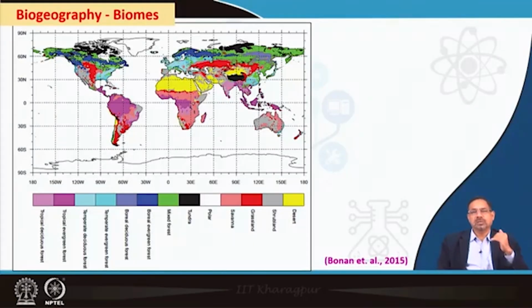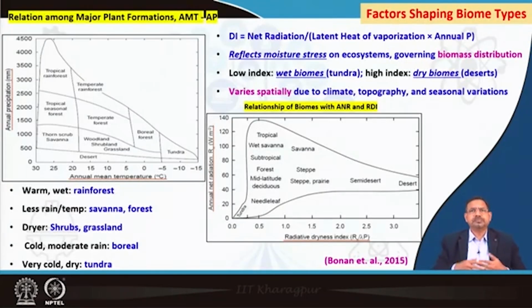That is why along the elevation gradient we get tropical, subtropical, temperate, subalpine and also alpine grasslands or vegetation over Indian territory. So, this is what we dominantly understand as the biogeographical distribution.